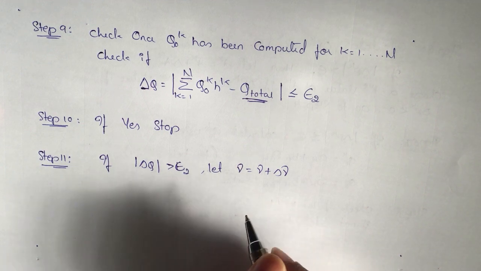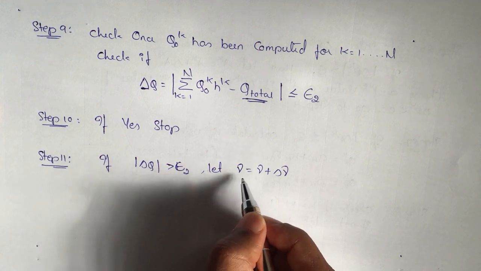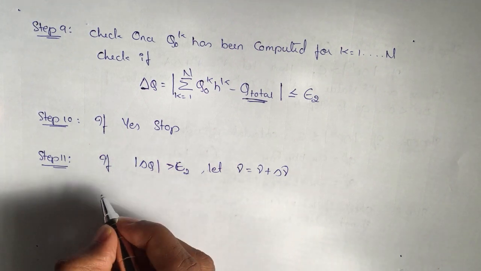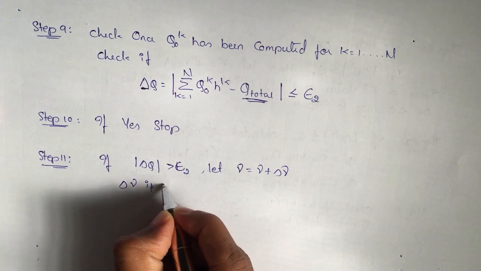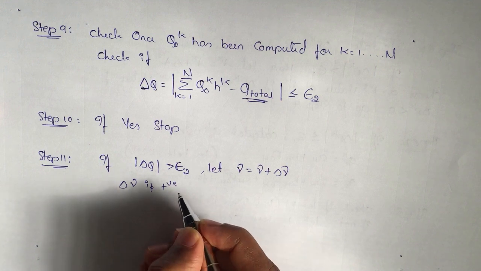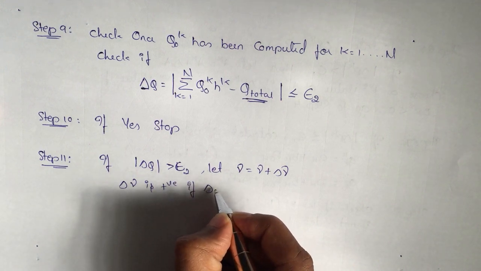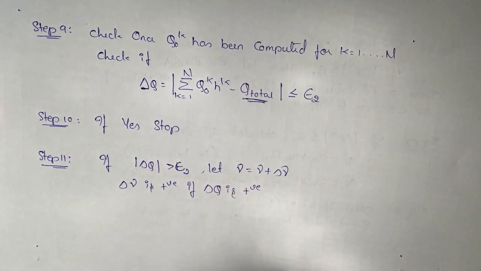Okay, if delta Q is greater than epsilon, we are going to increase the gamma value by small value delta gamma. That is, delta gamma is positive if delta Q is positive.